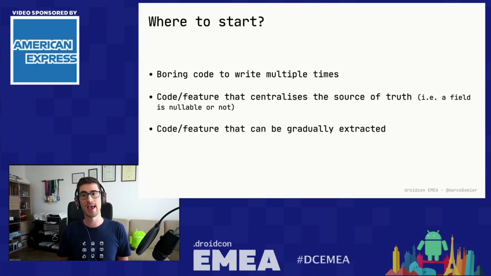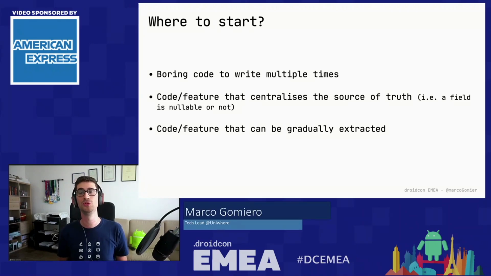And all this part of feature and code must be part that can be gradually extracted, because you cannot start with, for example, your entire network layer, because you don't know yet if Kotlin Multiplatform is the right solution for you.